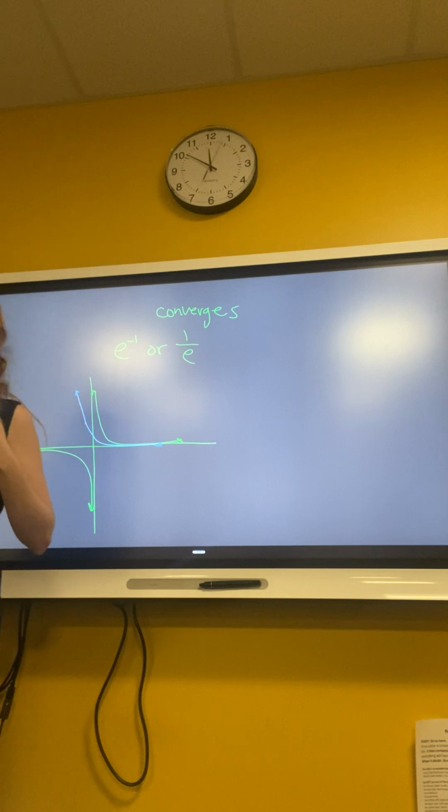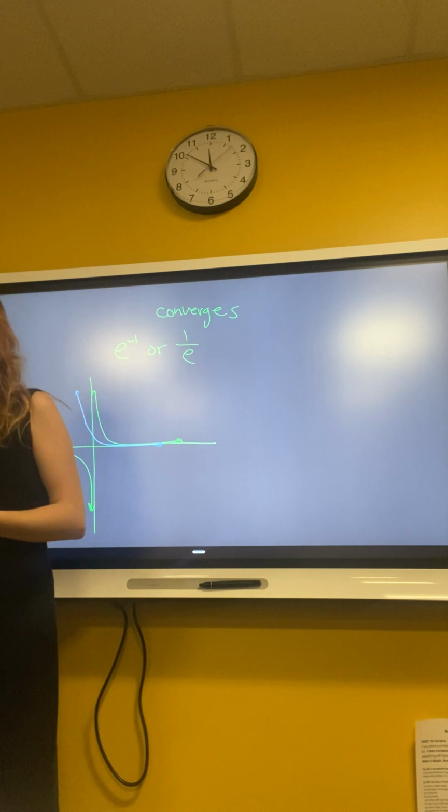Okay, now let's look with the windows that they gave us. So go to window where it says x min, change the -10 to a 0 and change the x max to a 5. And then the y's are ranged, so change y min to -1 and y max to 2, then hit graph.